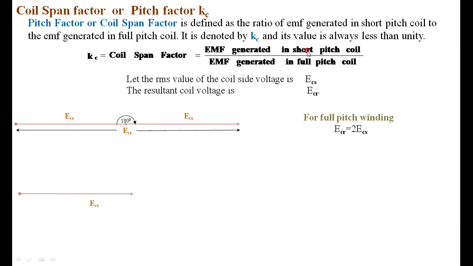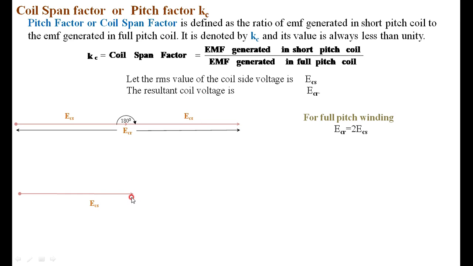Then we look for the EMF generated in the short pitch coil. Here, in the short pitch coil, the coil span is less than 180 degrees. For example, I am taking it as shortened by an angle of alpha degrees. Short pitch by an angle of alpha degrees means the coil span is 180 minus alpha.